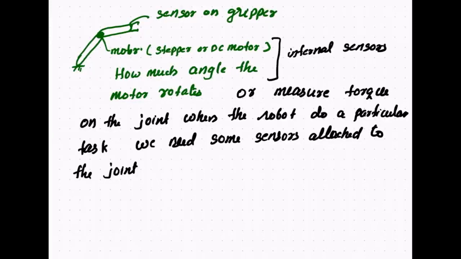That sensor also we can call an internal information collection sensor. The next is the important types of sensors used in robotics.